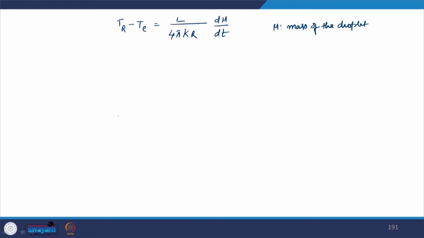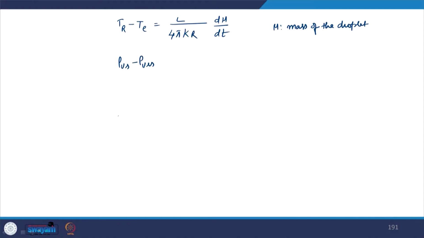So, we can say that T_r − T_e is L by 4 pi K r times dm/dt, where L is the latent heat and m is the mass of the droplet.